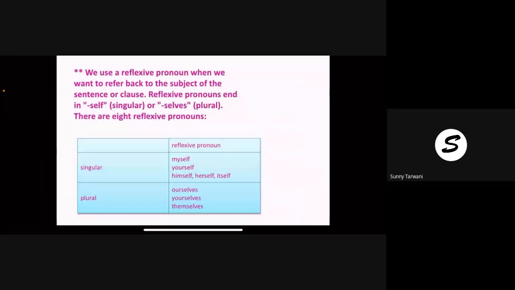Myself means I. He completed his work himself. Himself means he. So when you want to refer back to the subject, you can use these reflexive pronouns. वो सब self वाले, myself, yourself, ourselves, themselves, all these are reflexive pronouns. लेकिन emphatic भी वही होते हैं. Emphatic pronouns are also same. Then what is the difference between reflexive pronoun and emphatic pronouns that we have to understand?